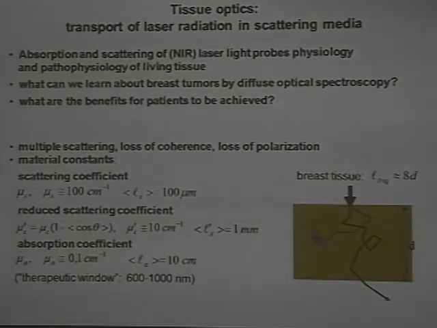Now, transport of the radiation is governed by another material property, because you have to take into account the angular distribution. And because we have Mie scattering, the scattering is forward peaked. So we characterize transport of laser radiation by the reduced scattering coefficient, which is the scattering coefficient times 1 minus the average over cosine theta, where theta is just the scattering angle.